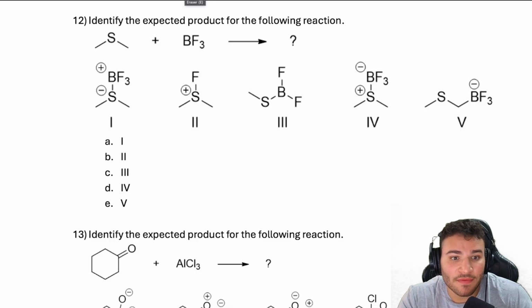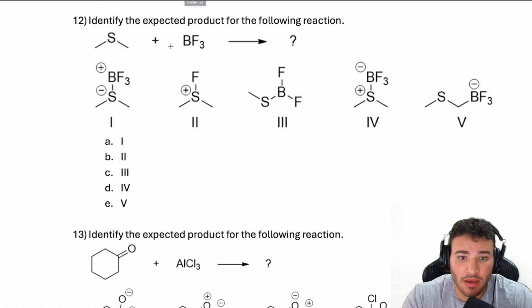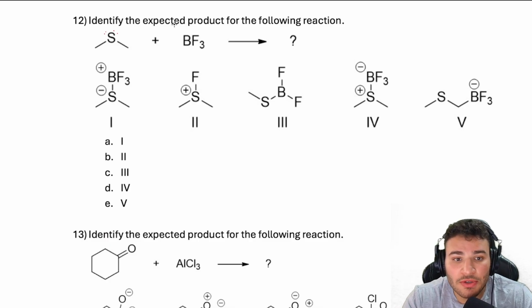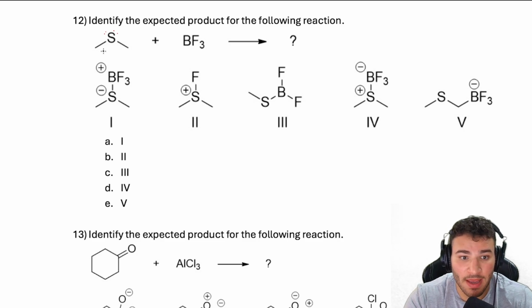What we can determine is that this must be a Lewis acid-base reaction. We can also notice that sulfur will have 2 lone pairs, and boron, because it likes to form 3 bonds and no lone pairs, is going to have no lone pairs. If an acid-base reaction has to happen, we have to have something that donates the lone pair, or the base, and something that accepts the lone pair, or the acid.